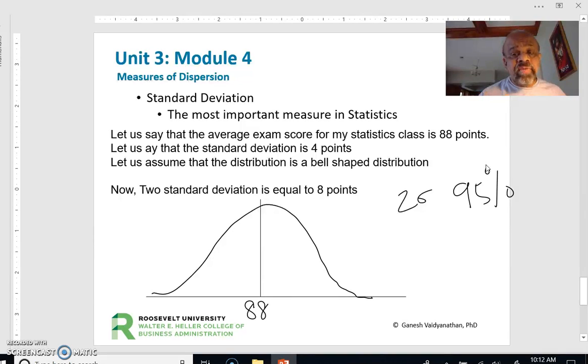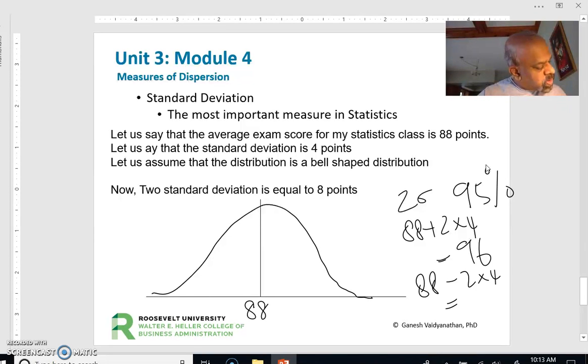What is my 2 standard deviation? It is going to be 88 plus 2 times 4, which is 96, or 88 minus 2 times 4, which is going to be 80. So in my class, if I say it's 2 standard deviations, it is going to fall between 80 and 96.